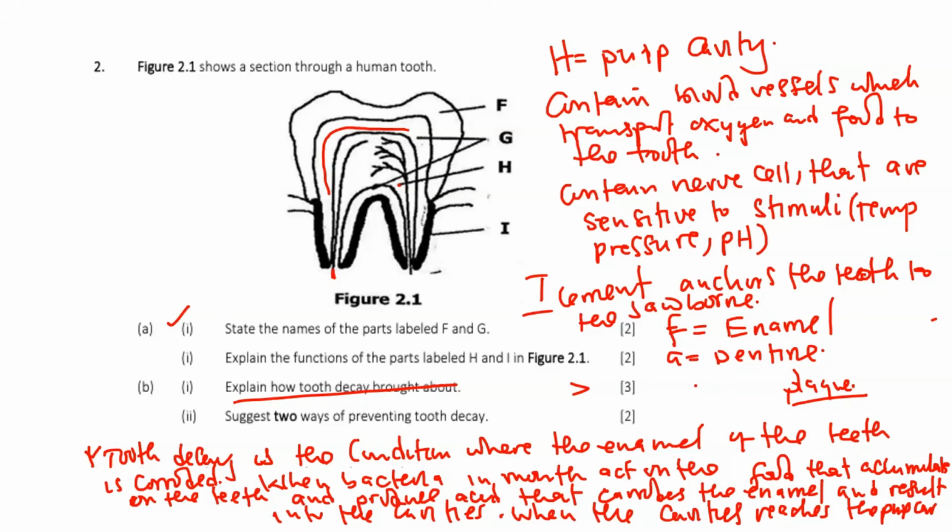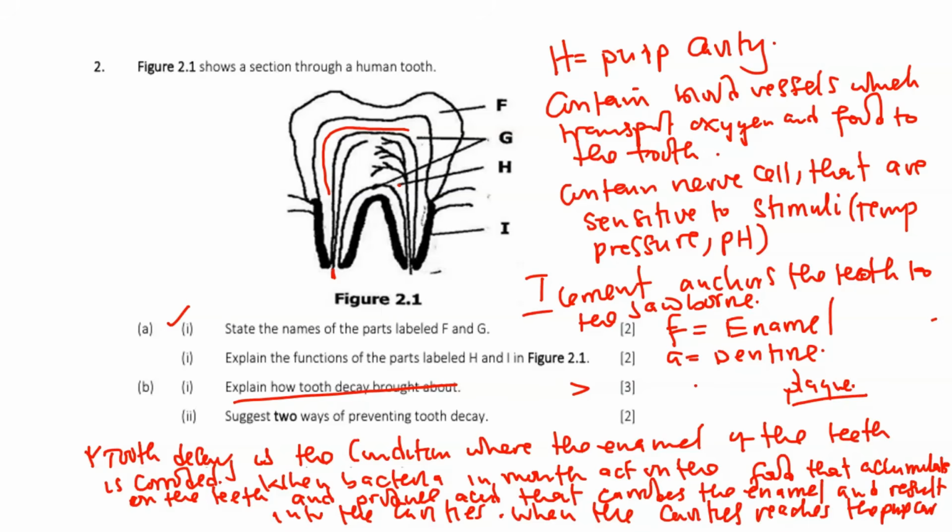In other contexts, we can say tooth decay is brought about when food sticks in the mouth for a long time and forms a plaque, which the bacteria feed on and respire anaerobically, producing an organic acid. The acid dissolves the enamel of the tooth, forming a cavity.